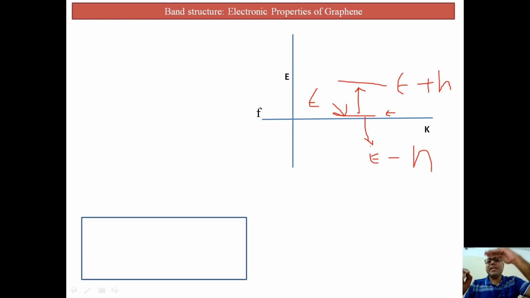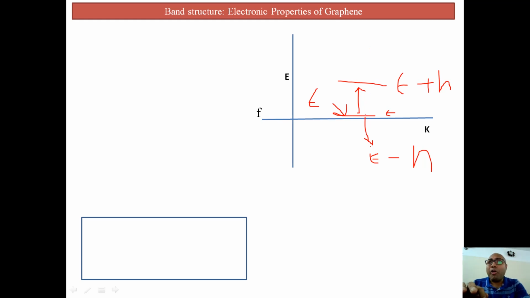So k, if you see carefully, is actually symmetric. If you go to my previous lectures, whatever states are appearing on top, the same amount of states are appearing below. So that means k is also passing through the middle. It looks like F and k are more or less passing through the middle. That is why I have written F and k in the middle. F is the probability of occupation half.